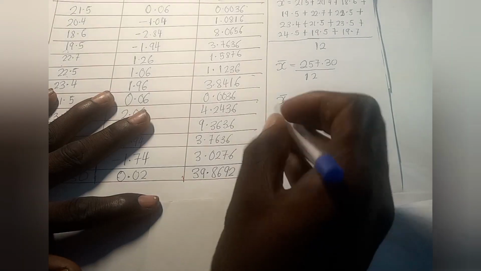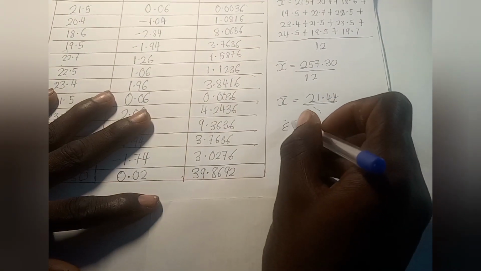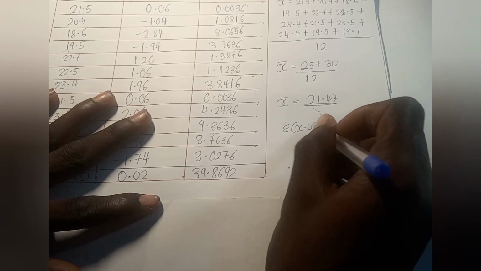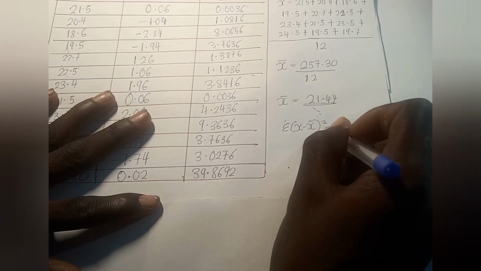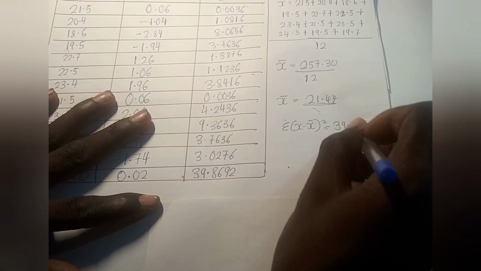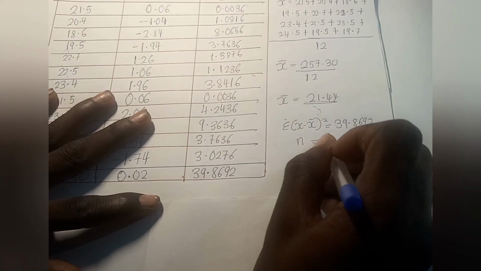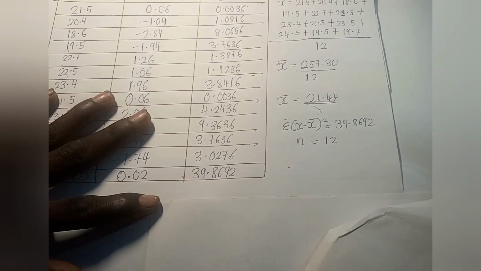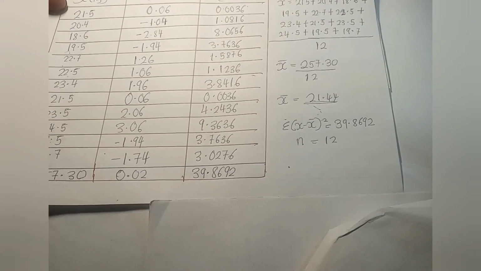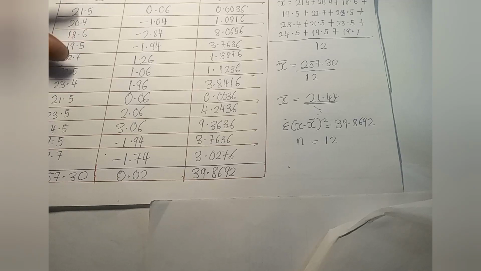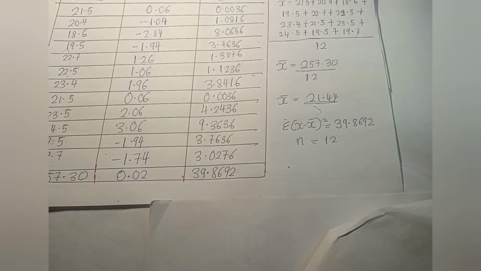So I have the summation of x minus x bar square equals 39.8692. My n is 12. Don't forget, my n is 12. If you want to check, this is it: 1, 2, 3, 4, 5, 6, 7, 8, 9, 10, 11, 12. So the summation of x minus x bar square is 39.8692, and n is 12.